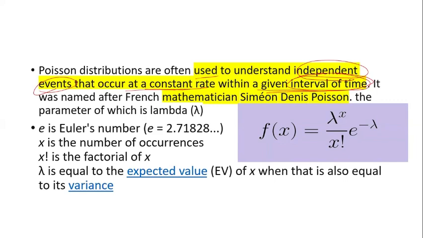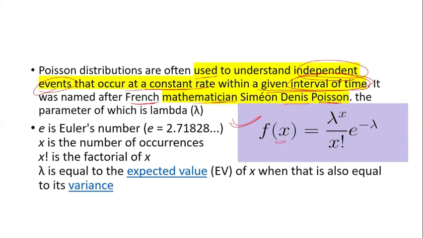This distribution was given by the French mathematician Simeon Denis Poisson. The formula is very important, because questions have already been asked from this area. Clear?